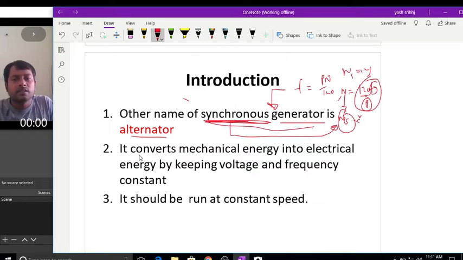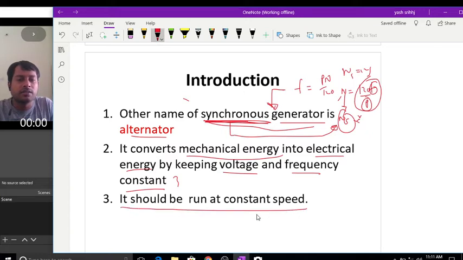Generally this alternator converts mechanical energy to electrical energy, keeping voltage and frequency constant. This is the condition, so it should run at a constant speed. In the nuclear power plant, hydel power plant, thermal power plant, in all generating stations, this alternator is available.